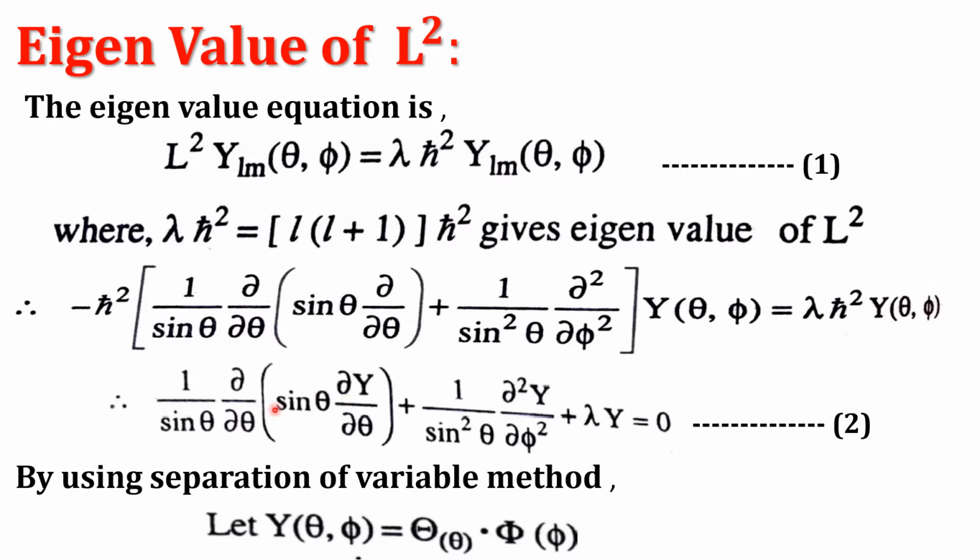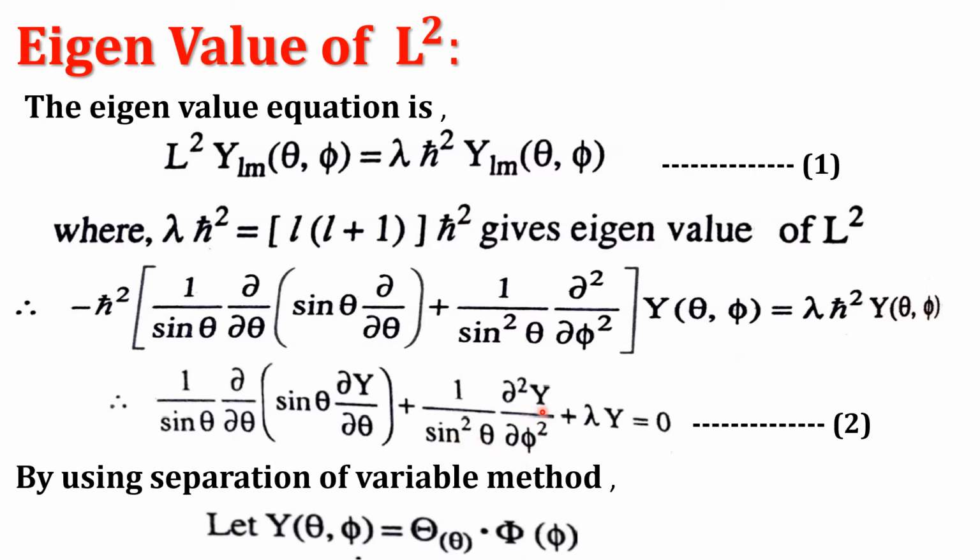Equation 2 we rewrite by putting the value of Y as Θ times Φ. In the first term, when we differentiate with respect to θ, Φ is constant, so we take it outside. For the second term, it is the twice differentiation with respect to φ, and Θ is outside.